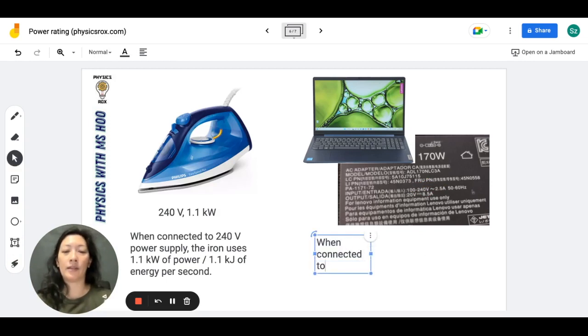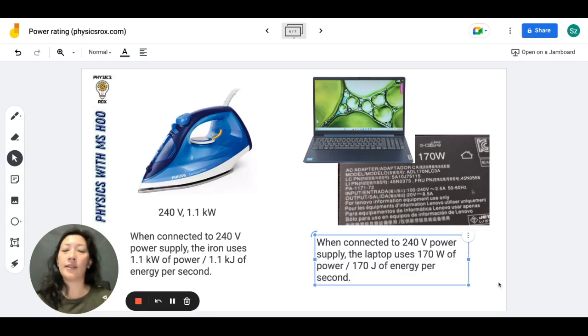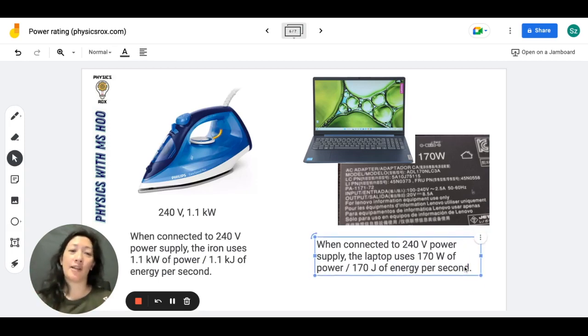So when connected to a 240 volts power supply, the laptop uses 170 watts of power, or you can say 170 joules of energy per second. This is how you can interpret the numbers that you see on your electrical appliances in real life.